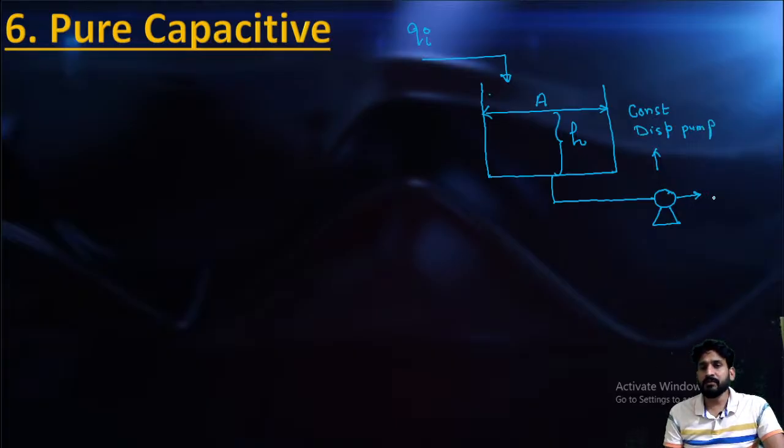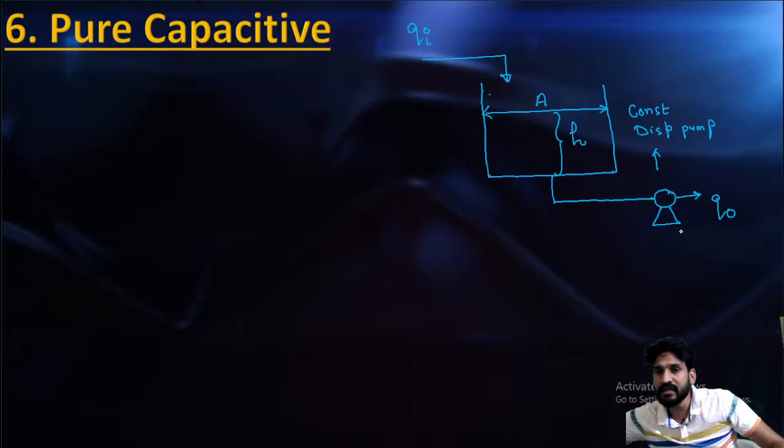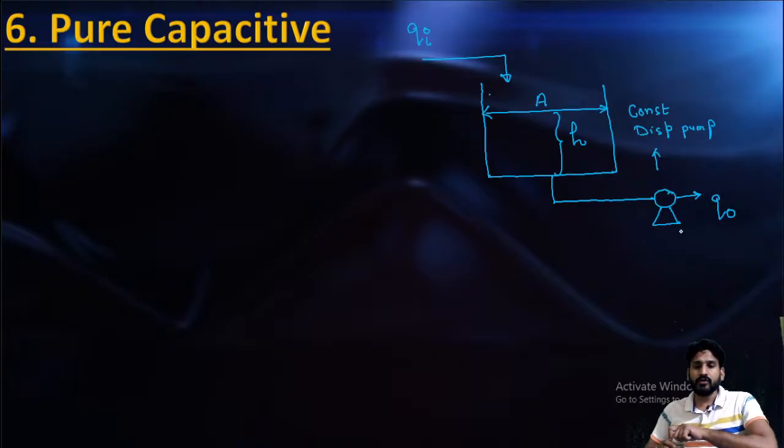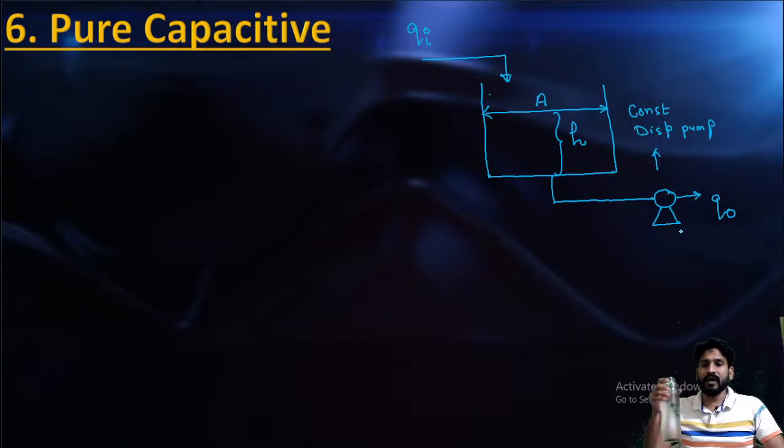This means the pump gives me a constant flow rate. So Q naught will be constant. Qi can be changed, but regardless of Qi, I am getting Q naught all the time.